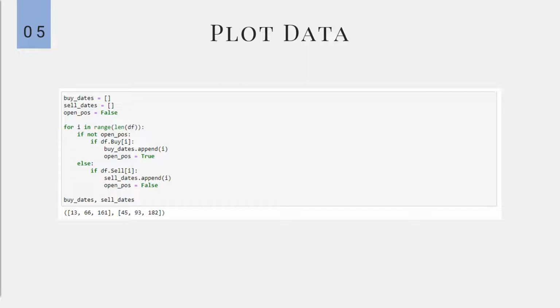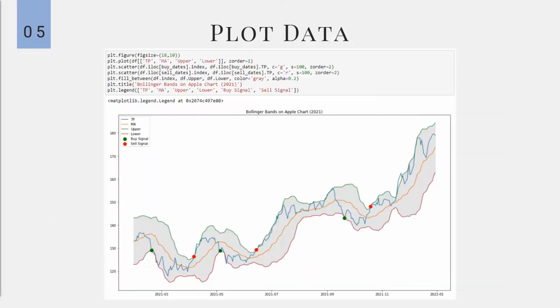And if we don't have an open position and the buy criteria is met, we write the date or the number of the date into the buy dates list and change the open position flag into true, and then in the else part we do the same for the selling condition. And for the year 2021, we get 3 trades which we can draw into the plot like this.